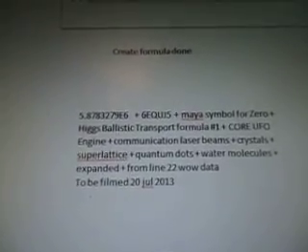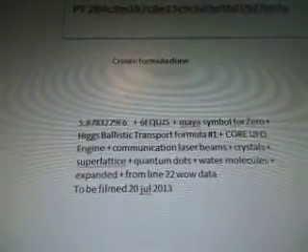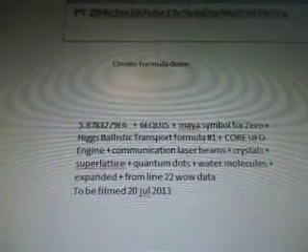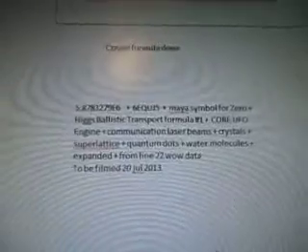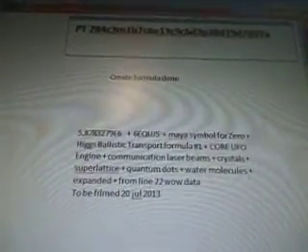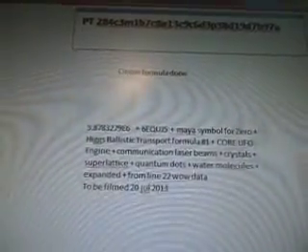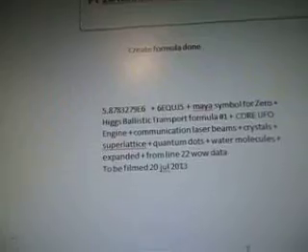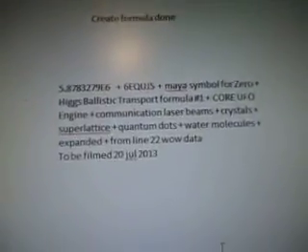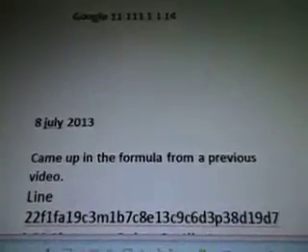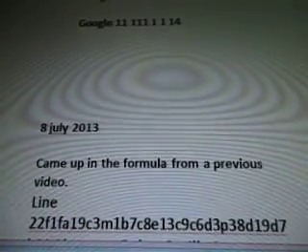CORE UFO Engine, communication laser beams, crystals, superlattice, quantum dots, water molecules, expanded from line 22 WOW data. Okay, superlattice, I just found out that what I'm doing in this alien signal is called a superlattice, and I just found out that you had a theory, and I'm showing you how to do that theory by doing this video.